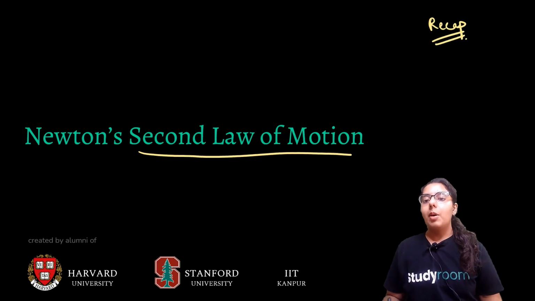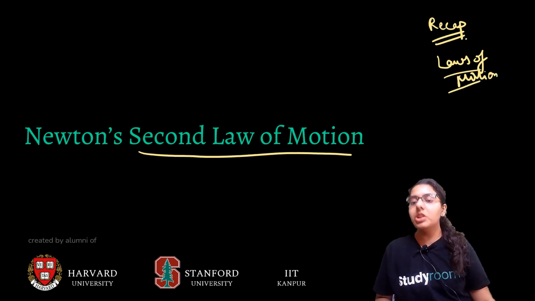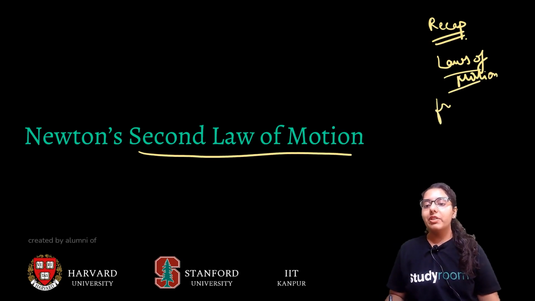Let's do a quick recap of today. We studied about laws of motion. We studied about Galileo Galilei and Isaac Newton's approach and how frictional force acts. We studied three cases. First case, when force is less than frictional force.